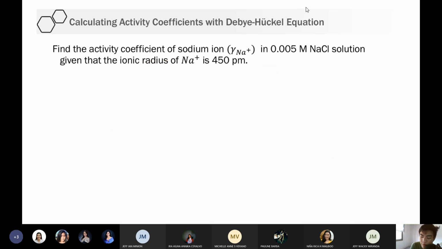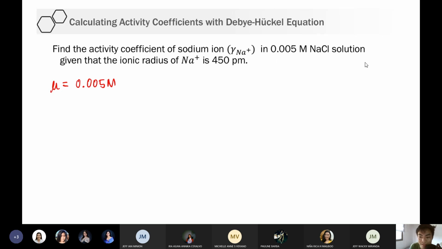Let's try this one. Let's solve for the activity coefficient of sodium ion in 0.005 molar NaCl. So I will just give the ionic strength. That is already equal to 0.005 molar.